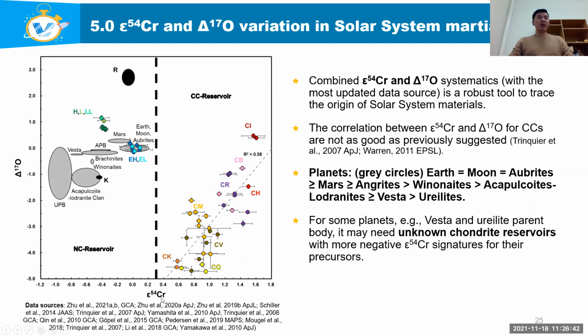So the combined chromium and oxygen isotopes can be a very robust tracer to trace the origin of the solar system materials. I think for some planets, like Vesta and the Ureilite parent body, it may need unknown chondrite reservoirs with more negative epsilon 54 chromium signatures for their precursors, because in this region, there are no chondrites.